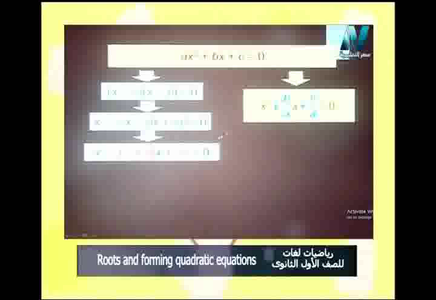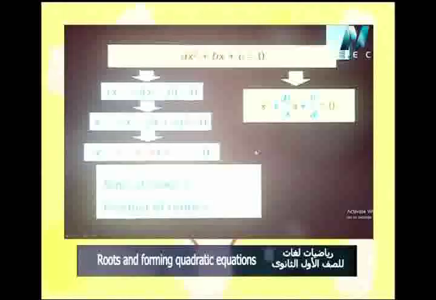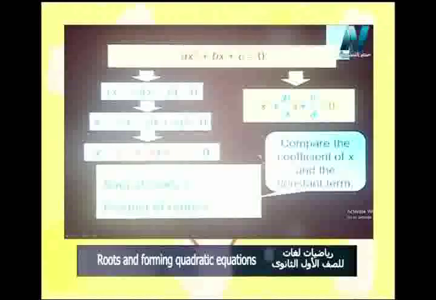So negative sum of the two roots equals b over a, of course, by comparing. Yes, the sum will be negative b over a, and the product here will be c over a. Here alpha beta, which is the product, is c over a. Yes, the sum will be alpha plus beta, and it's negative b over a.